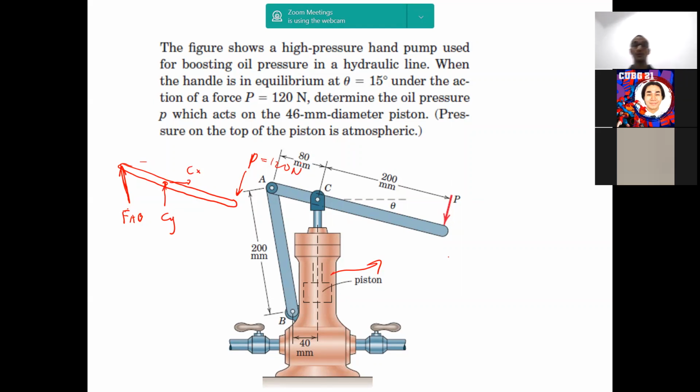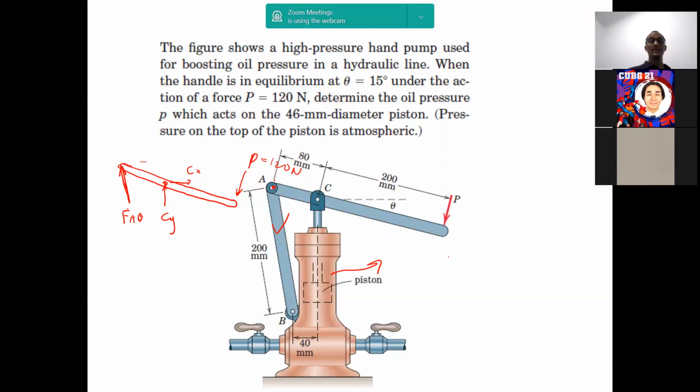So guys, please remember, the purpose of determining which member is a two-force member is to simplify the problem. Once you determine that, for example, member AB is a two-force member, then if we analyze the multi-force member AC, at A you're supposed to put FAB instead of AX and AY.